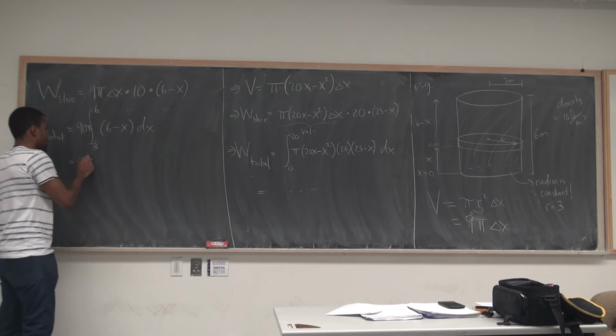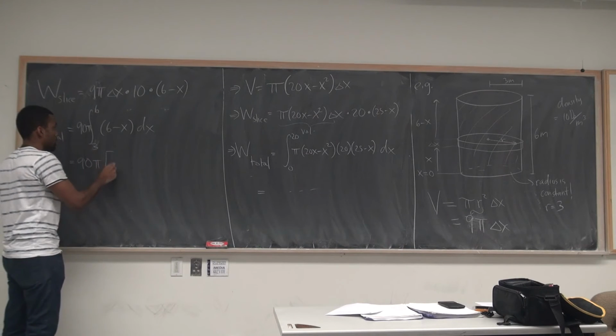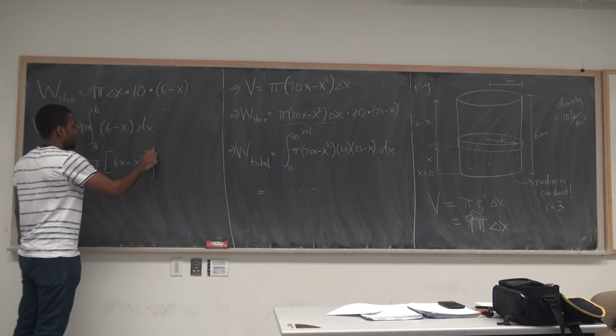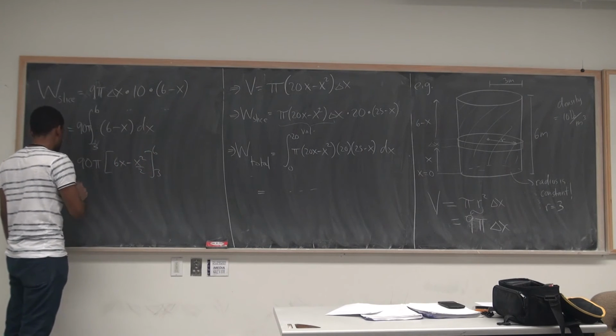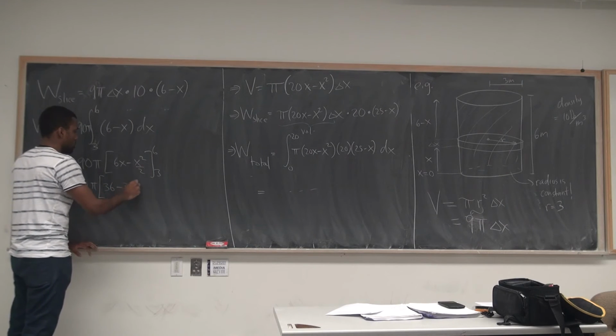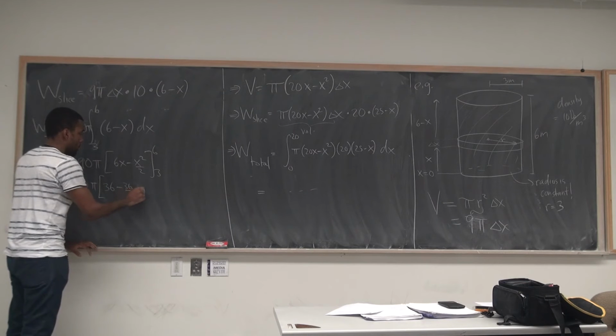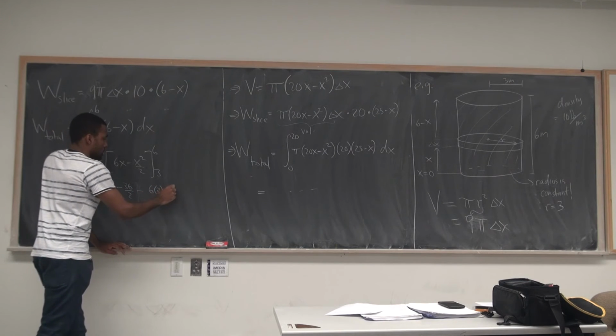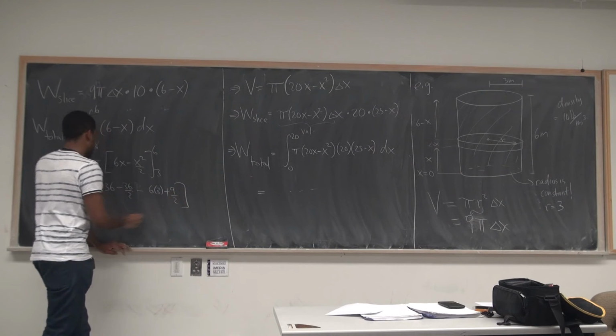So 90 pi times 6x minus x squared over 2, between 3 and 6. 36 minus 36 over 2, minus 6 times 3 plus 9 over 2.